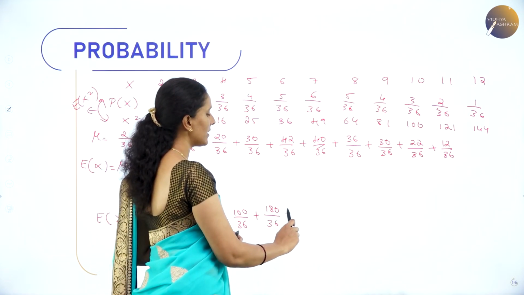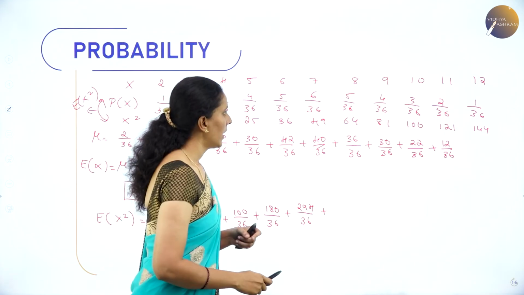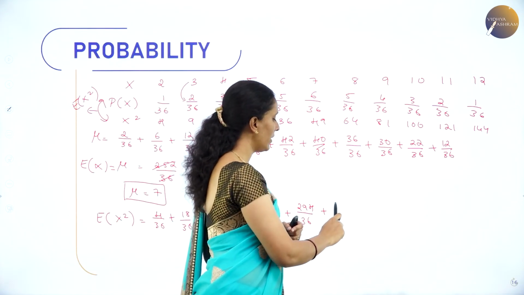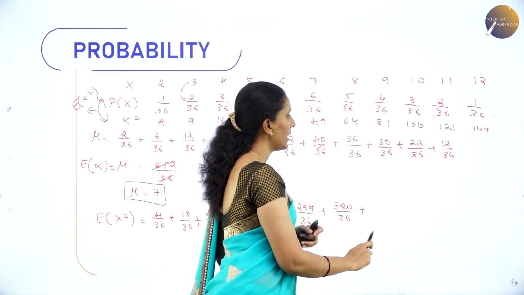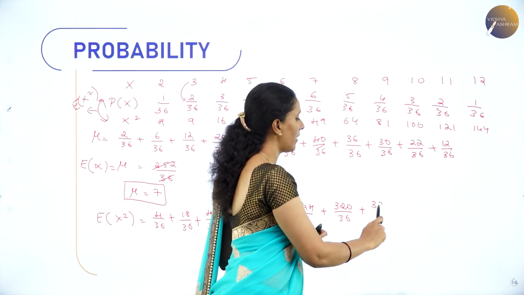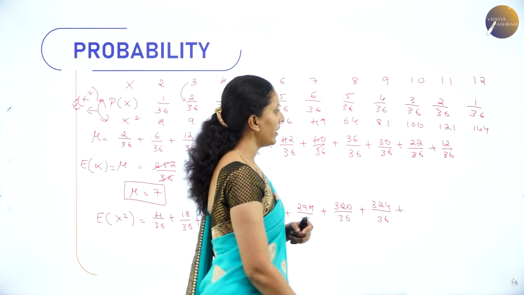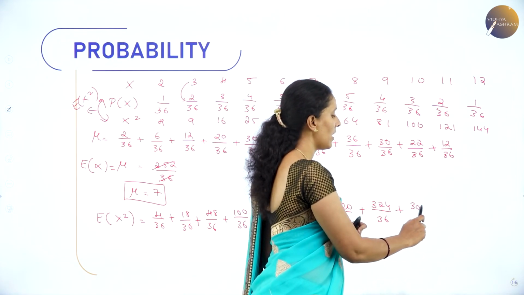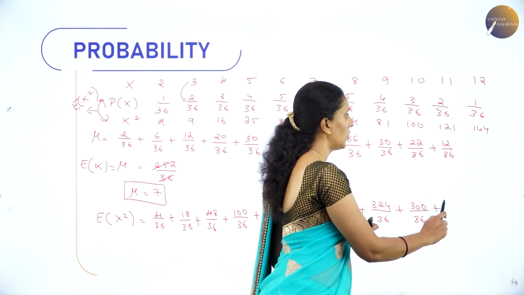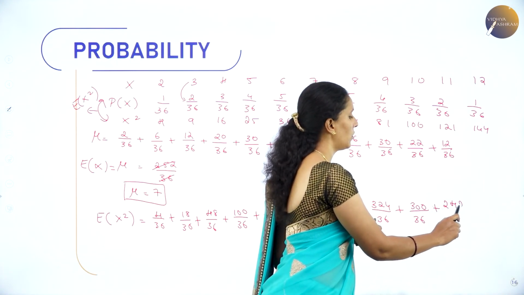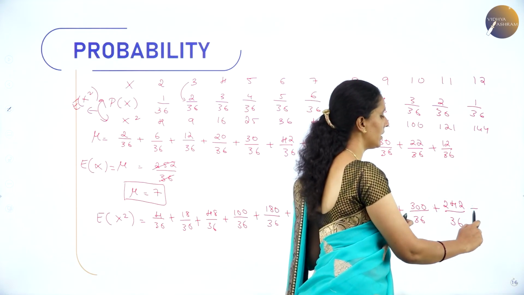Next 49 6s are 294 divided by 36. Next we have 64 into 5, that is 320 by 36. Next 81 into 4 by 36, 324 by 36, plus 100 into 3 by 36, 300 by 36. 121 into 2, that is 242 by 36. Next we have 144 by 36.